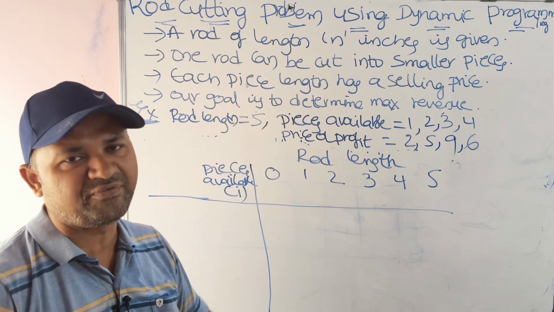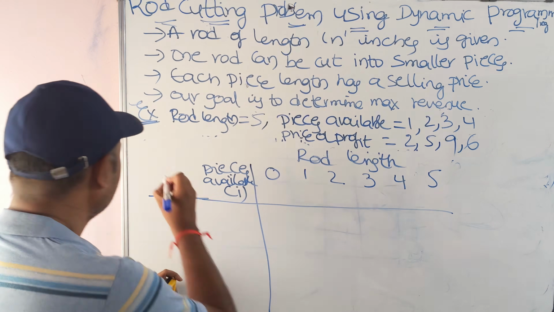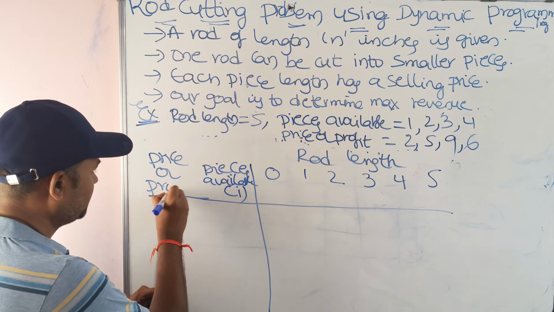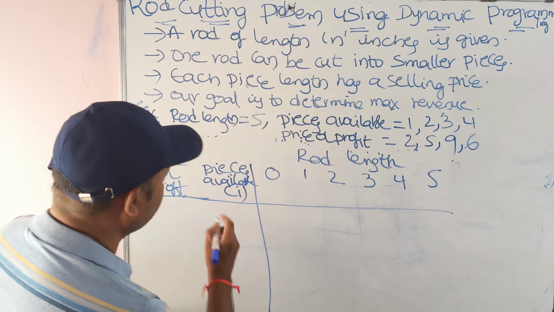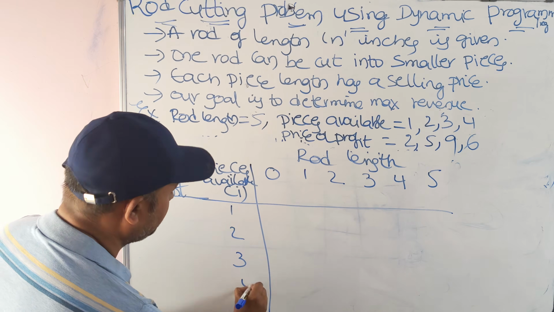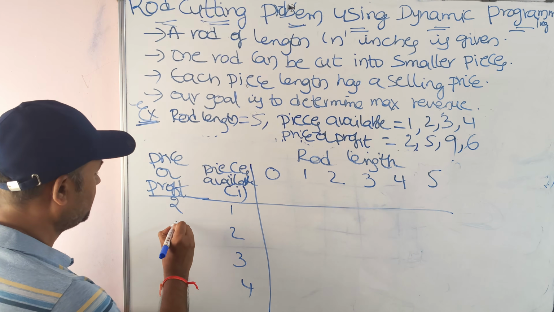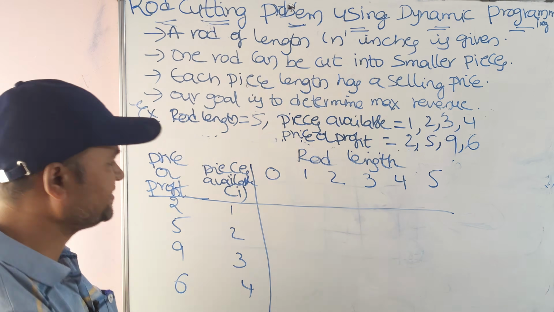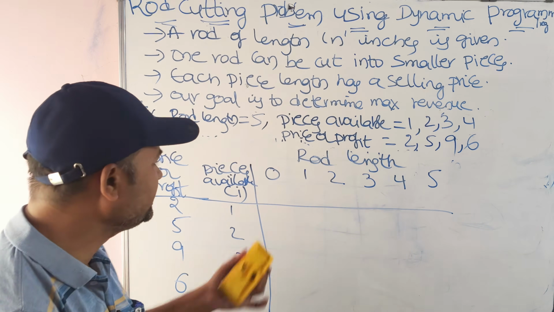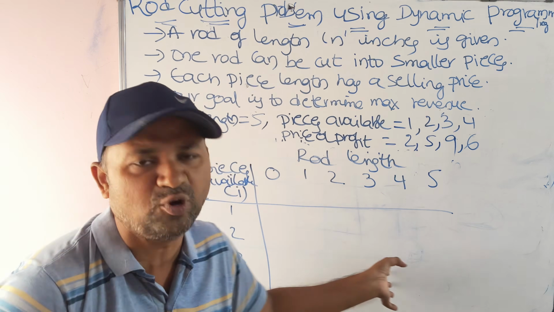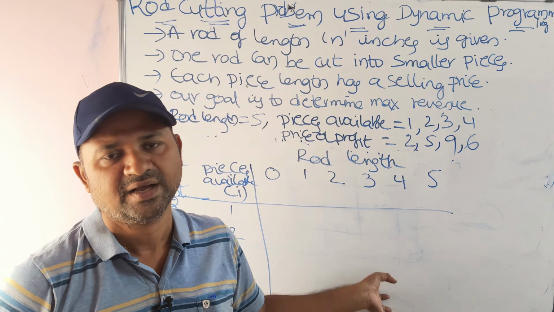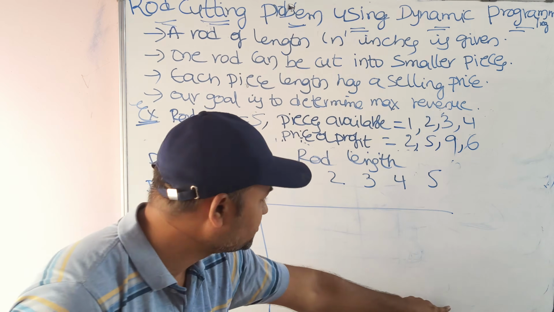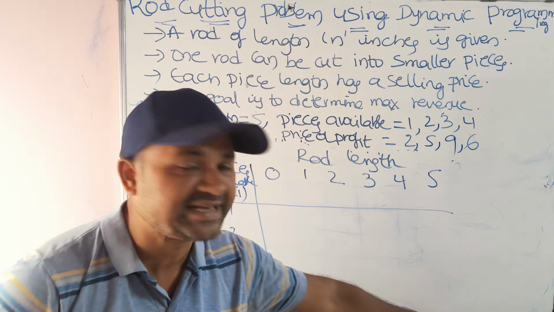Price, profit, revenue are all the same. So the pieces lengths are 1, 2, 3, 4, and the revenue, price or profit values are 2, 5, 9, 6. Let us fill this table. All the cells will contain the profits or prices or revenue. The last cell represents the maximum revenue.